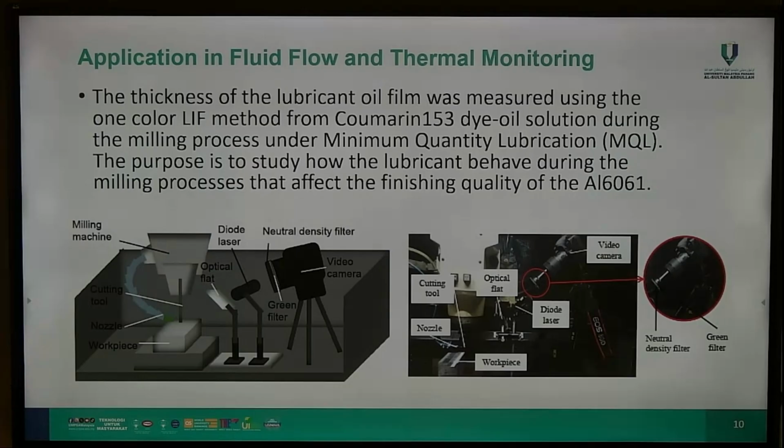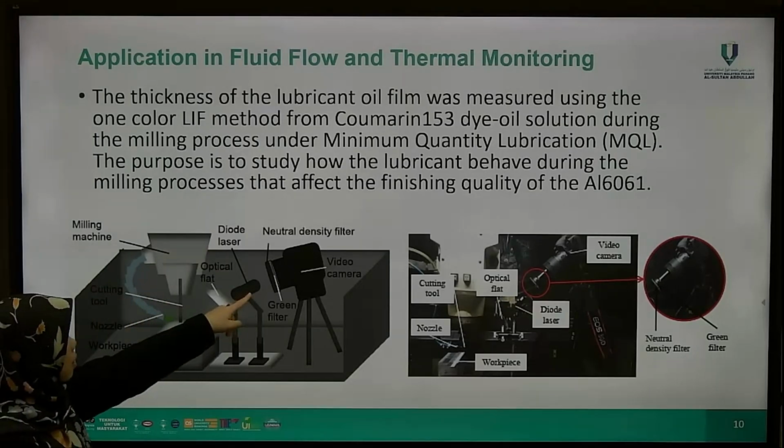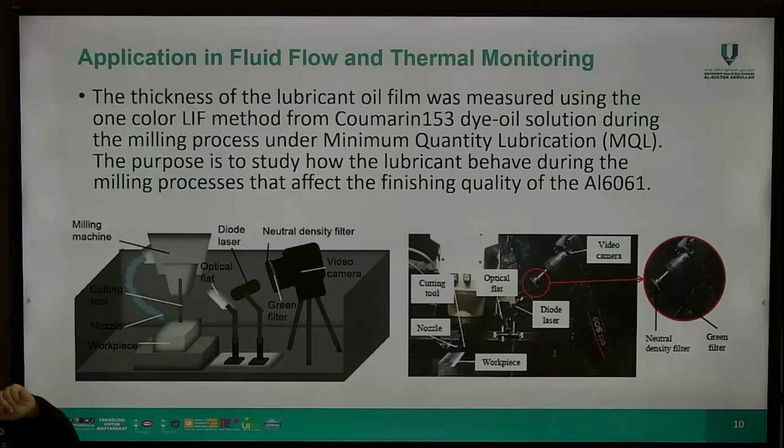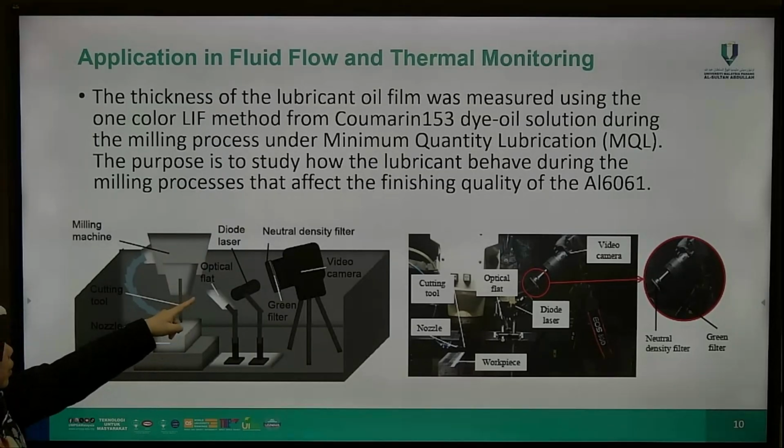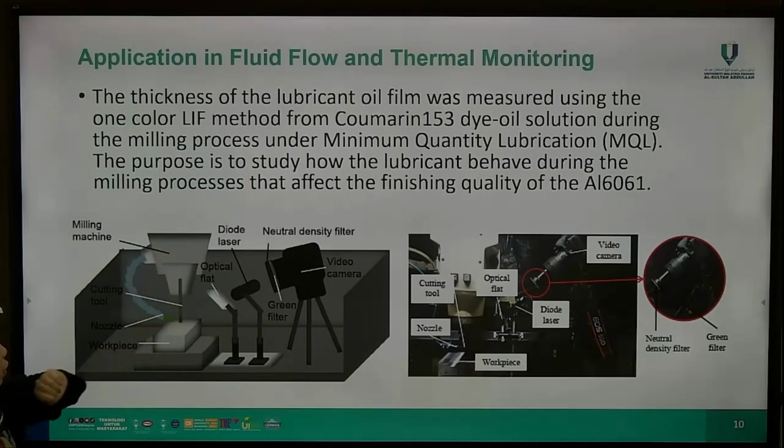This dye has a maximum absorption spectrum that matches the diode laser spectrum, in a green laser. As the machine runs to cut the workpiece, we turn on the dye and investigate what happens with the layer thickness of the lubricant.